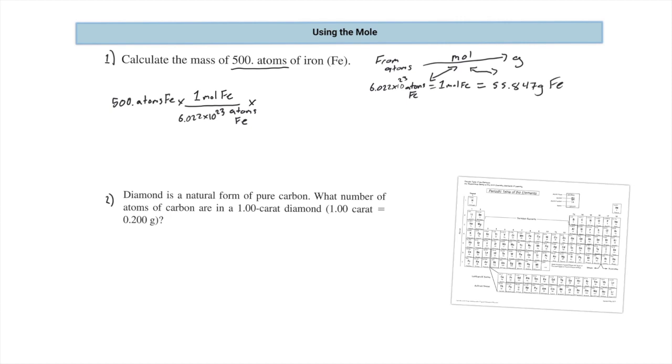We're not to grams yet, so now we go to our next conversion factor. We know moles of iron is on top, which means moles of iron must go on bottom. That's associated with a 1.